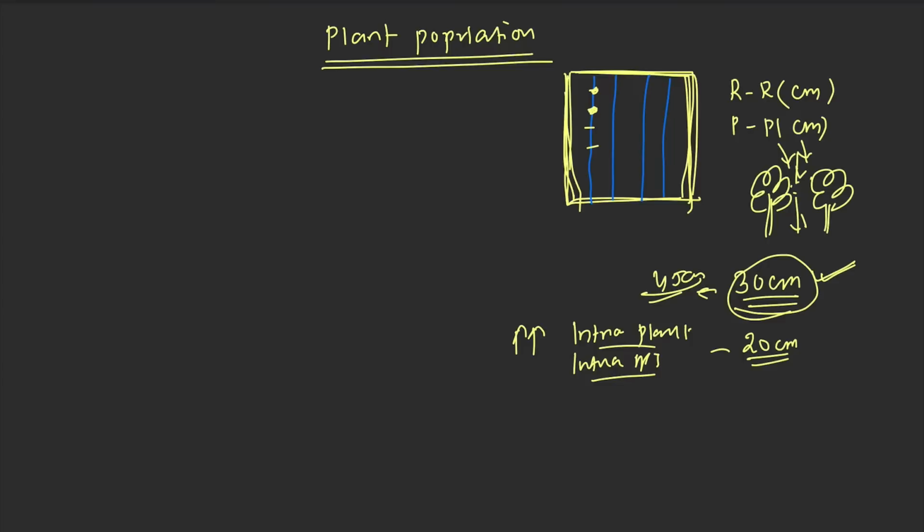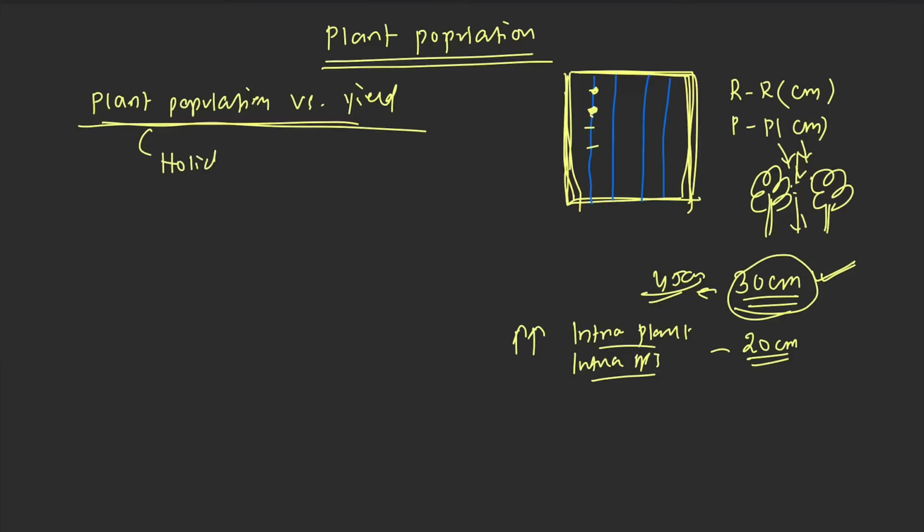So there is a relation between plant population and yield, a simple relation. It was proposed by Holliday in 1960. He proposed two laws.